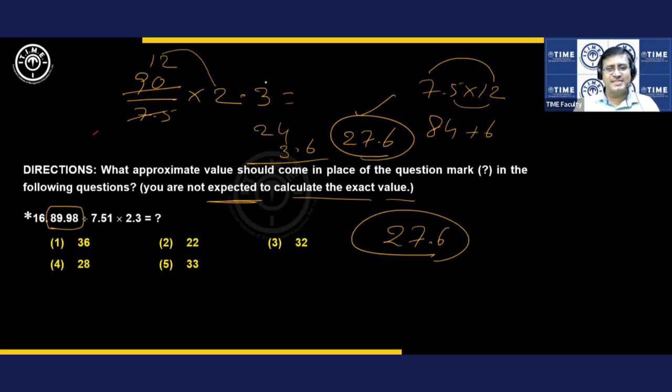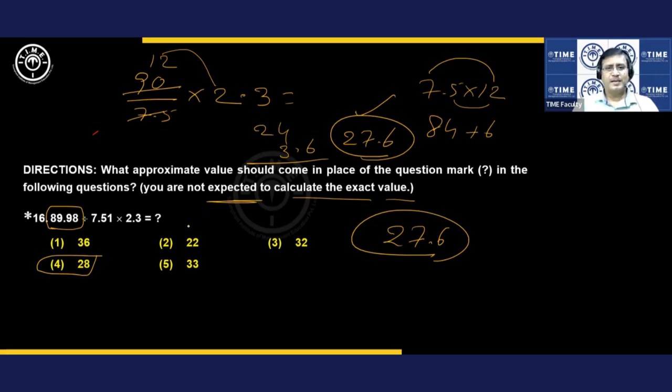Yes, Gautami is saying 28, option number 4. Nimi is also saying 28. You are right. So the right choice is option number 4.